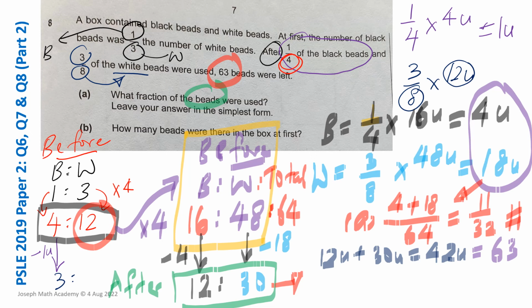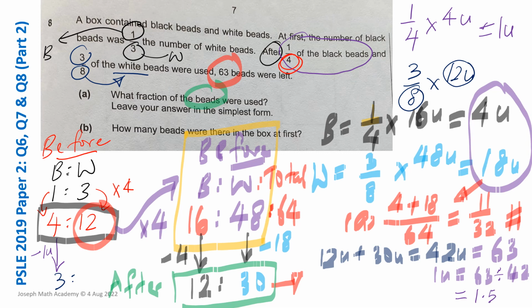So what is 1 unit? 1 unit is 63 divided by 42. 63 divided by 42 gives us a decimal, 1.5. So 1 unit is 1.5.